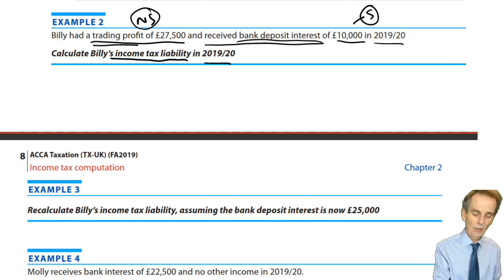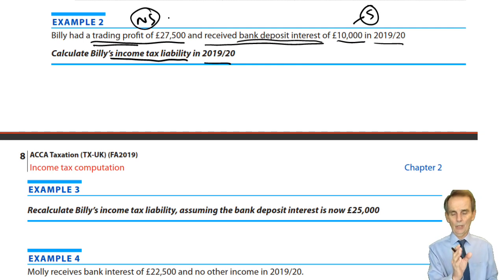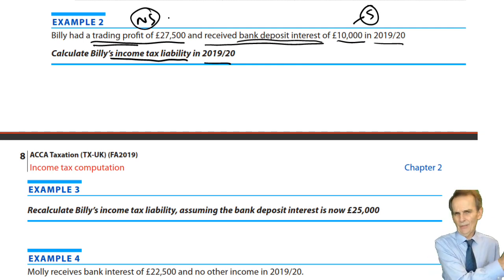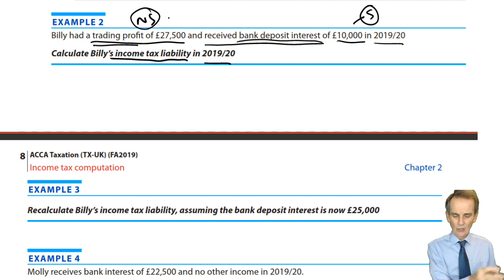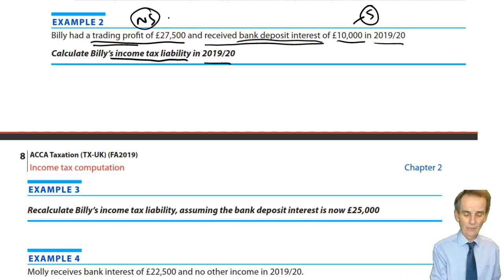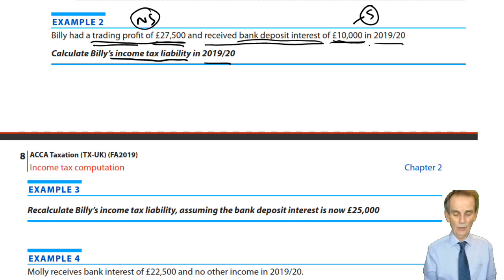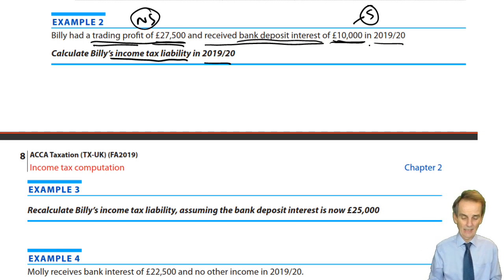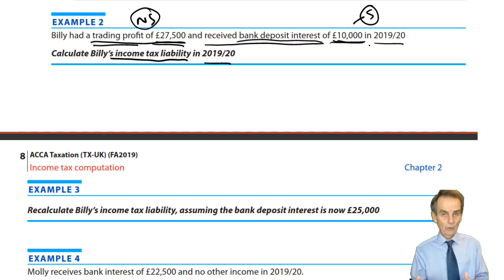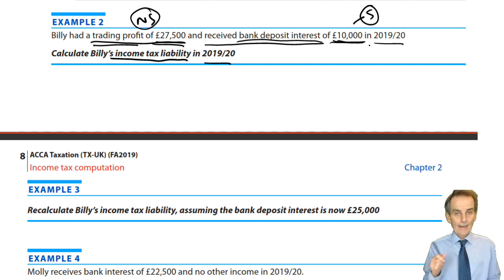So your trading profit will go into your non-savings column, and also, of course, everything goes into the total column. Your bank deposit interest will go into your savings income column, and into your total. Total each column: fairly obviously, 27,500 of non-savings, £10,000 worth of savings income. Put those onto your computation, get your analysis columns, and that, of course, is the figure of total income.